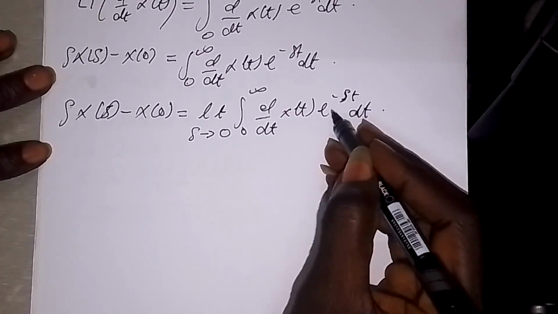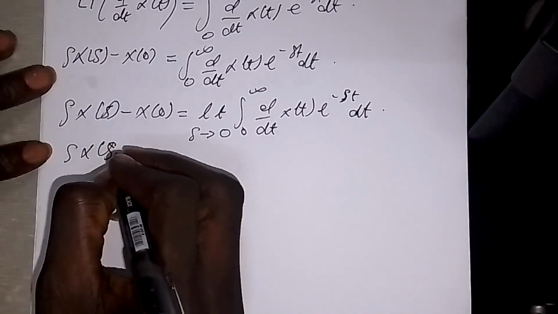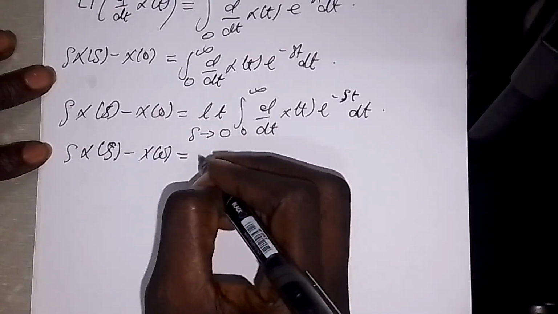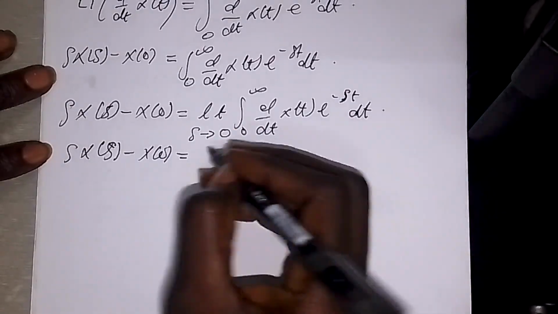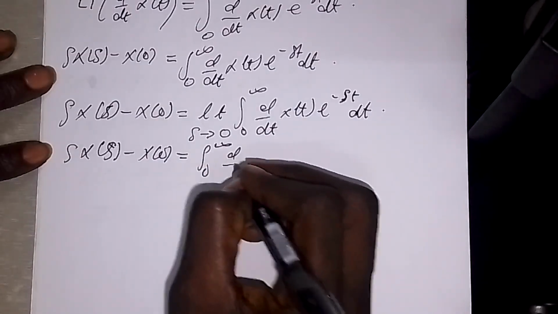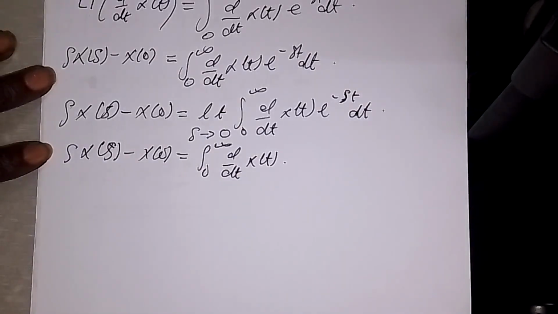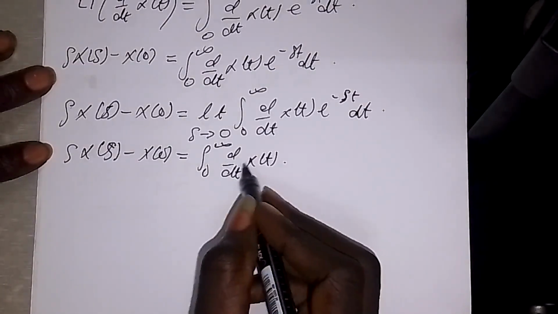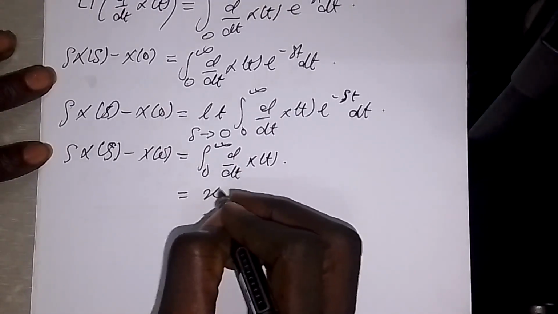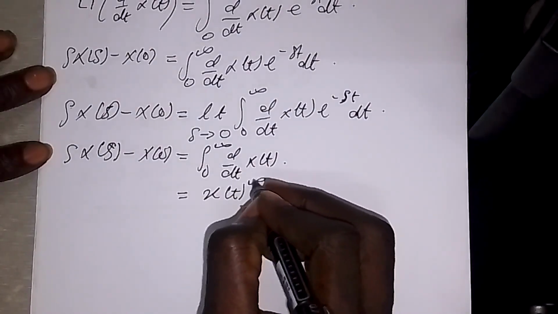So I have s X(s) minus x(0) equals the limit of the integral from 0 to infinity of dx/dt dt. Whenever you differentiate and integrate at the same time, you are left with that component alone, so it becomes x(t), with limits infinity and 0.